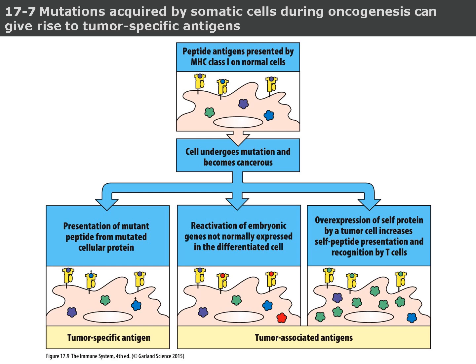Other tumor cells reactivate embryonic genes that are normally silent in differentiated adult cells, leading to the expression of tumor-associated antigens. Tumors may also overexpress self-proteins, increasing their presentation on MHC class I molecules and enhancing recognition by cytotoxic T cells. These mechanisms allow the immune system to detect and potentially eliminate tumor cells.